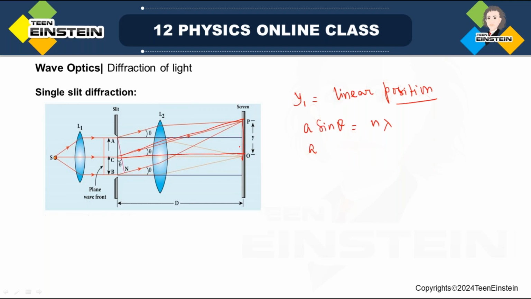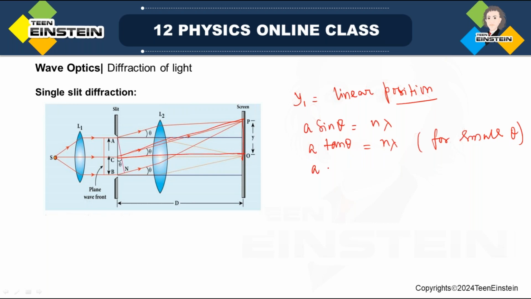See, this is a sin theta, the perpendicular. This is y by, I'm sorry, this sin theta for small angle, I can write as tan theta also. Sin theta can be written as tan theta for small theta.